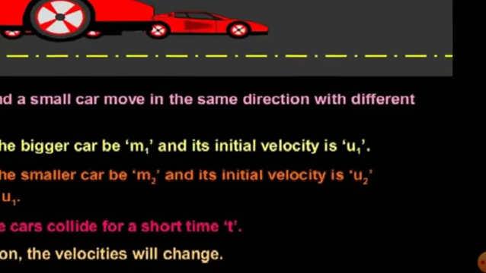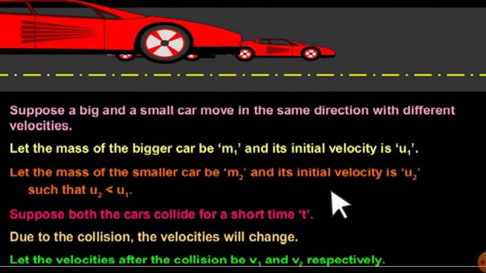So u2 must be greater than u1 in order to have that collision, that means striking of this smaller mass onto this bigger car. The smaller car should have greater initial velocity than that of the bigger car. Got it?